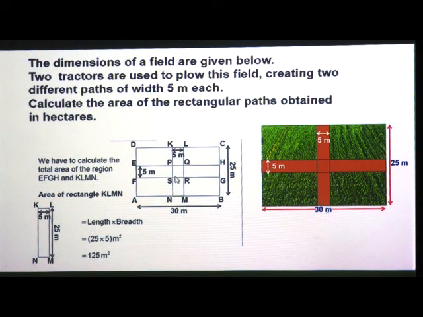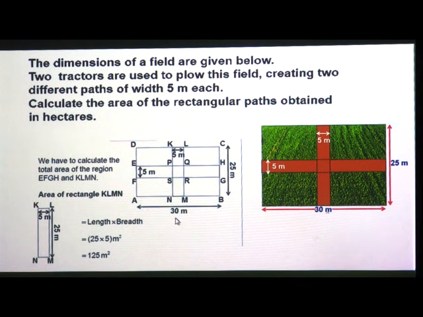So, we had drawn one path here whose width is 5 meter, which is labeled as K, L, M, N, and another path, again of width 5 meter, which is labeled as E, F, G, H.